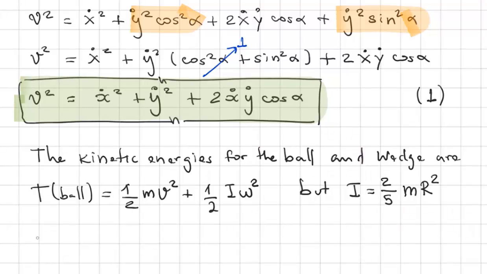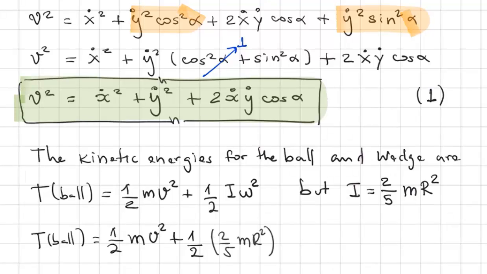Then the kinetic energy for the ball is going to be 1/2 of the mass, the velocity of the center of mass squared, plus 1/2. Okay, we know for this case the moment of inertia is 2/5 the mass multiplying the radius squared, omega squared. All right.